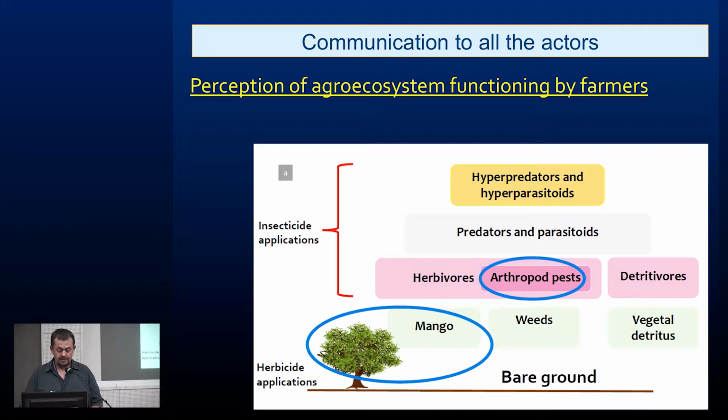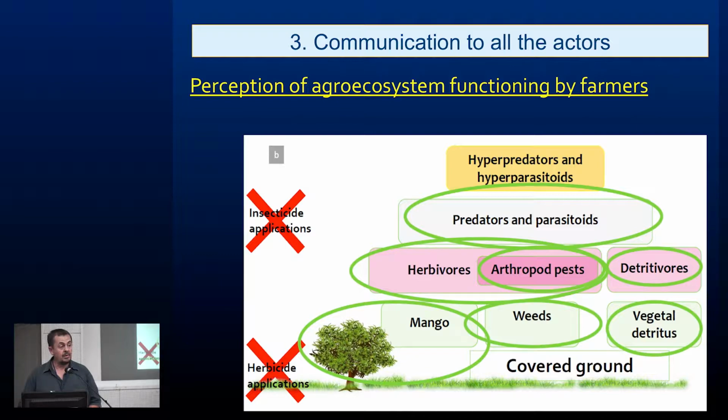The farmer paid attention to the mango and to the pest, and now he pays attention to the mango, to the pest, but also to the weeds, to the vegetal detritus, to the predators, to the non-pest herbivores, to the parasitoids, and so on. So he knows that it's a complex food web with different trophic groups, and he is looking for the best balance that he can implement in the field.